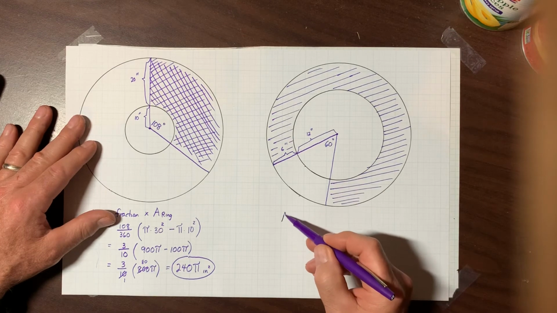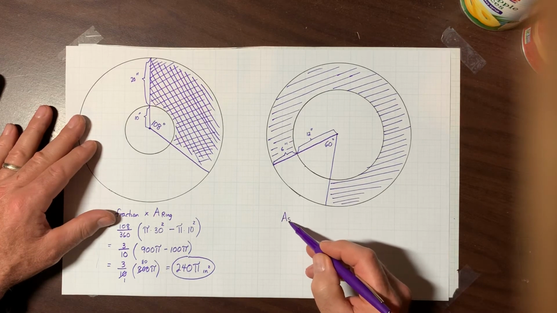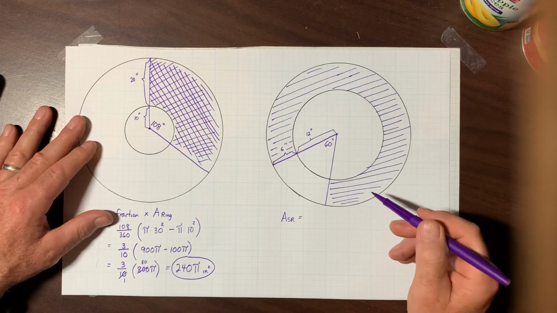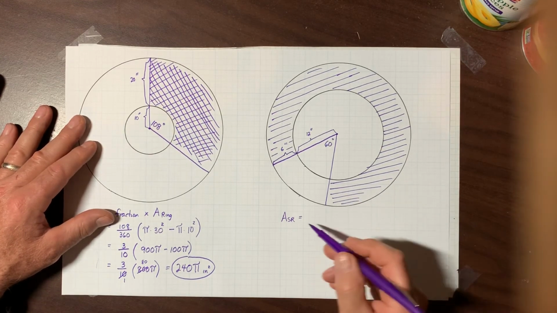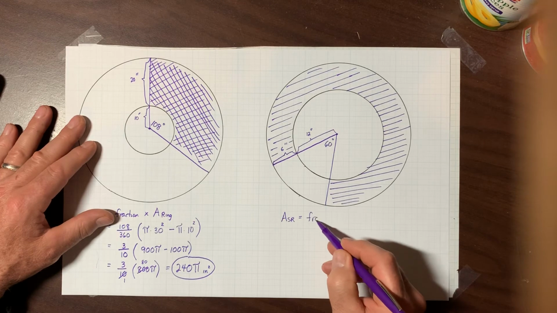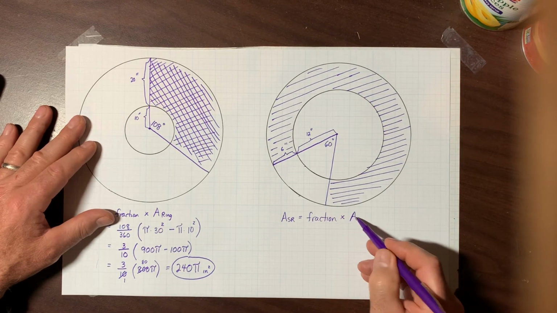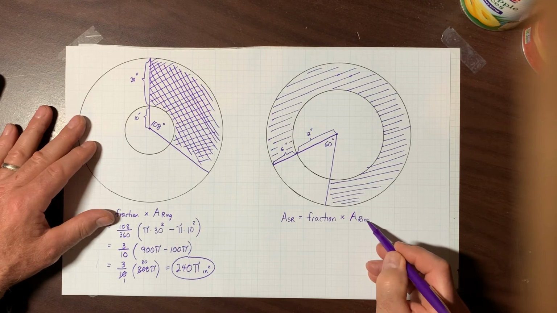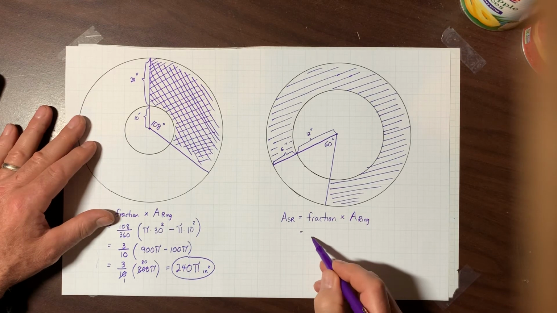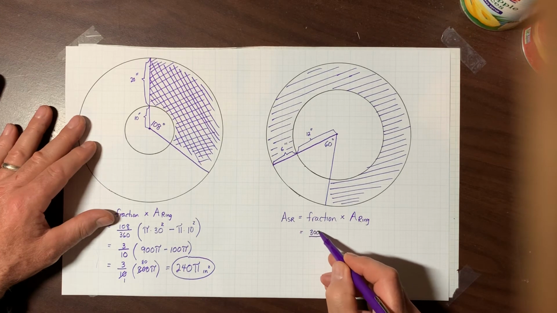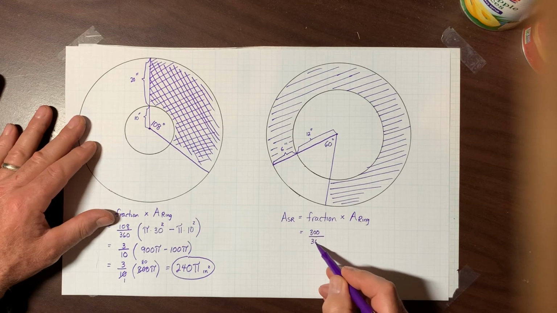So the area of the shaded region here, and the shaded region is a partial ring, it's going to be some fraction multiplied by the area of the entire ring. The fraction in this case is determined by taking 300 and dividing by 360.